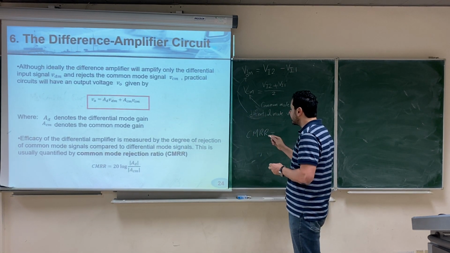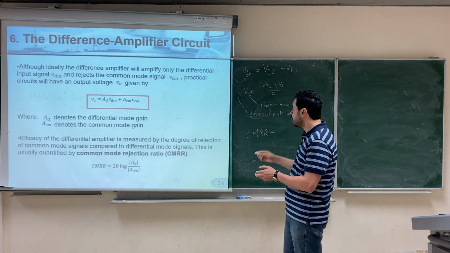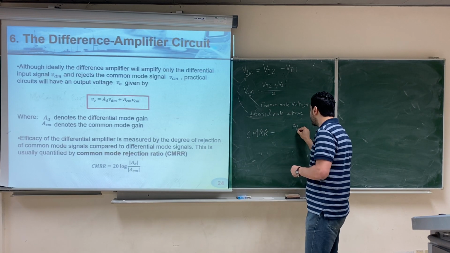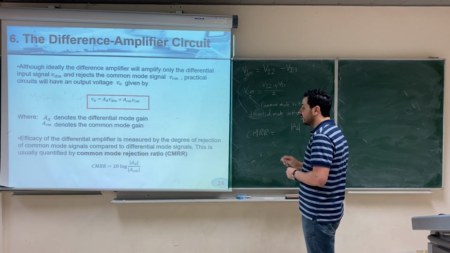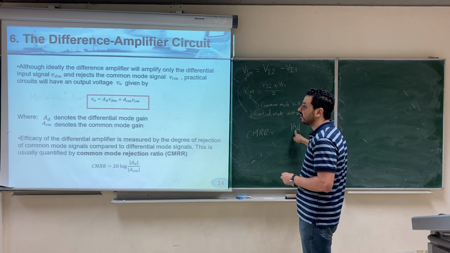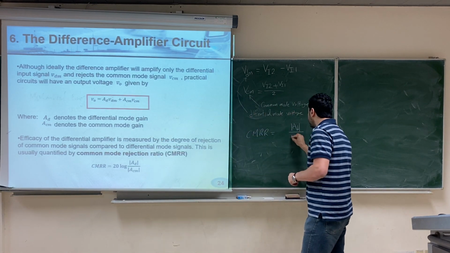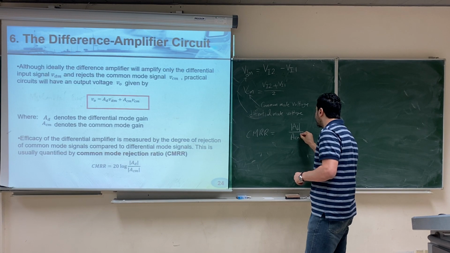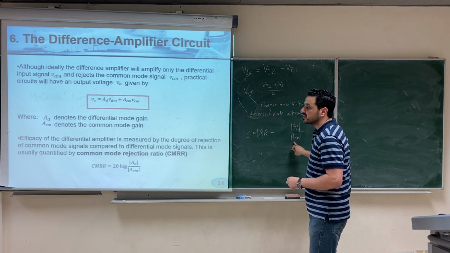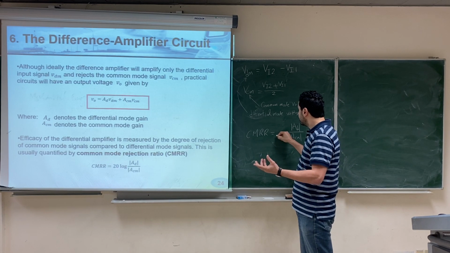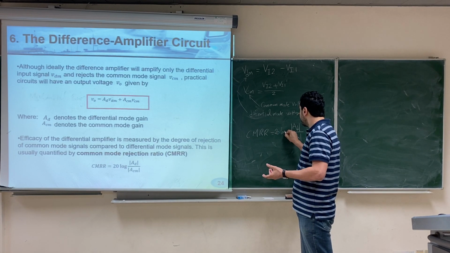They define the common mode rejection ratio as the ratio between the differential mode gain, the gain that the difference amplifier amplifies the differential mode voltage with, divided by the common mode gain, which is the gain that the difference amplifier amplifies the common mode with. And then they convert it to dB by taking 20 log.